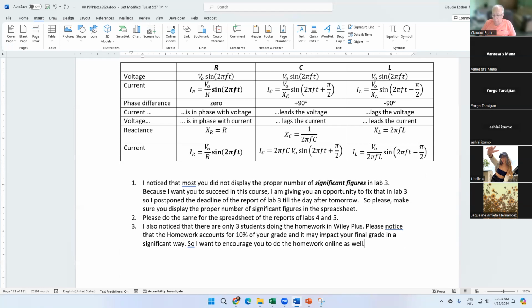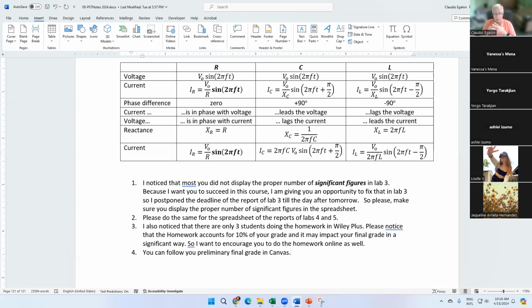Also, don't forget, you can follow your preliminary final grade in Canvas, right? So I am inputting the grades in Canvas, and I programmed everything in there so you can have an idea of your preliminary final grade there.